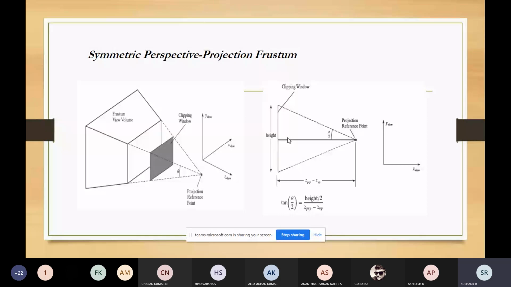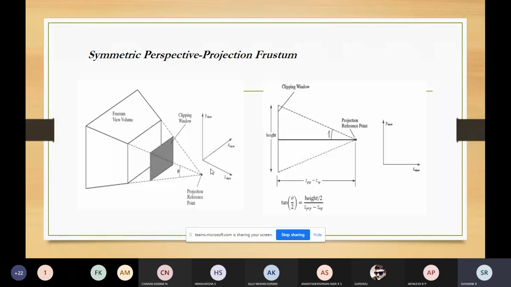This is with respect to the camera point. This cone of vision is approximated with the symmetric frustum in computer graphics applications.